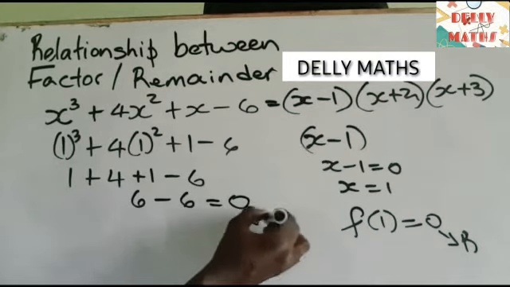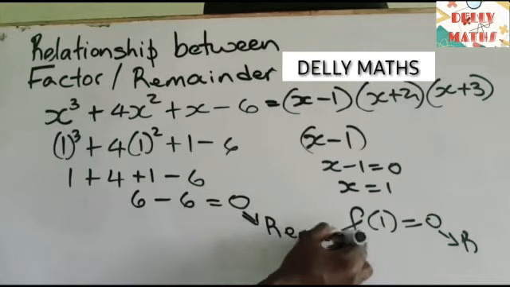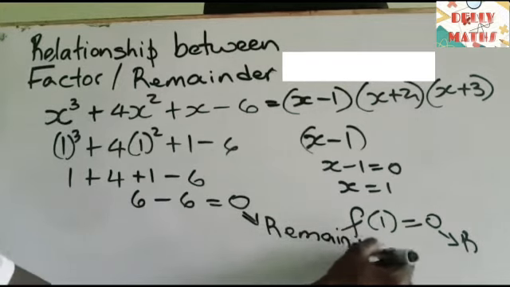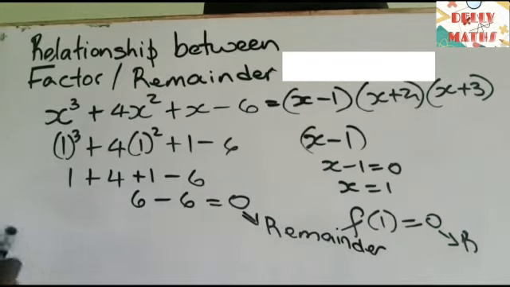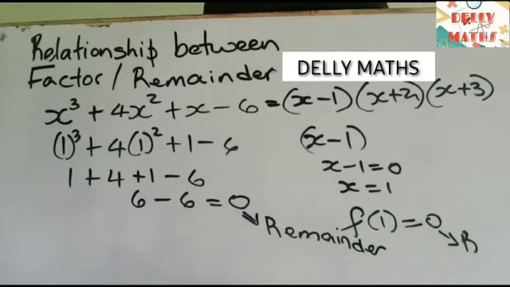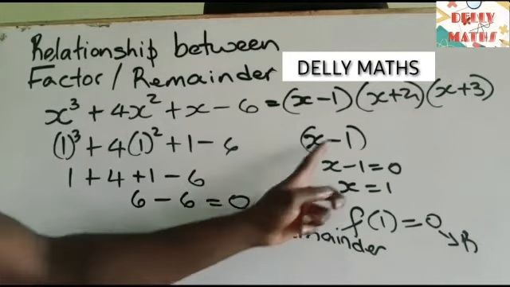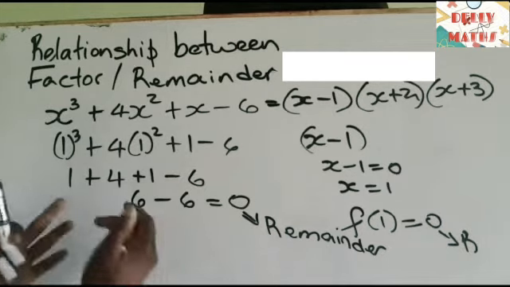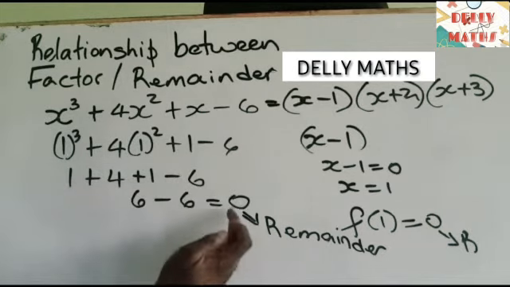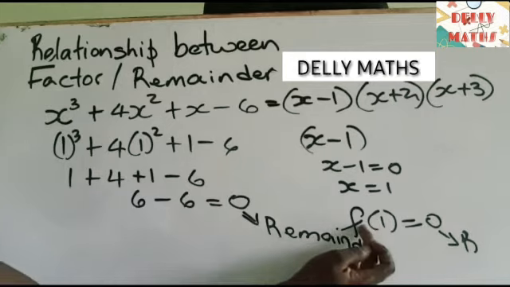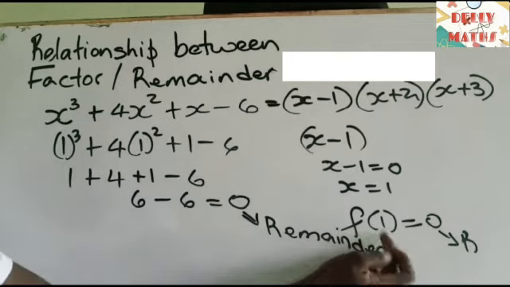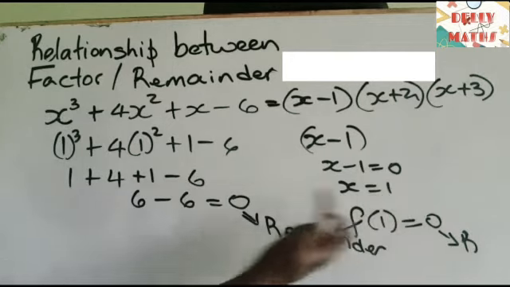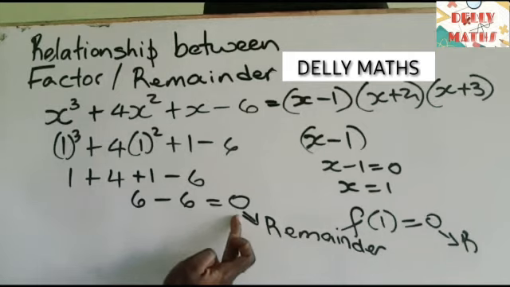And this 0 that we're looking at is actually a remainder. So as you could see, x minus 1 is indeed a factor, because when it was used to divide into this, we got a remainder of 0. So evaluating f of 1, since x is equal to 1, we see that the remainder is 0.